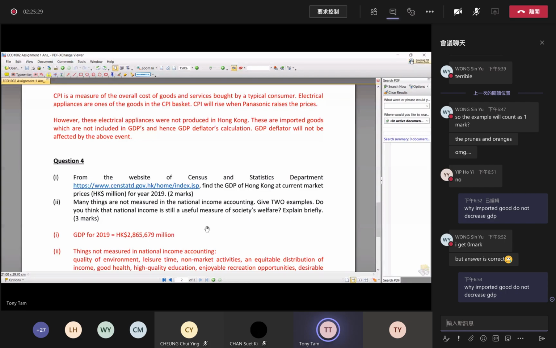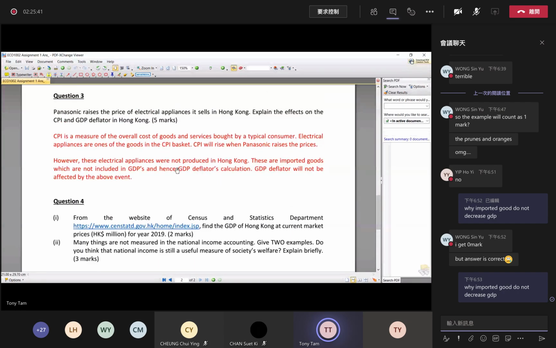Okay? Why do imported goods not decrease the GDP? Okay, you want to ask back question 3. Here. Now you look back, you check it back for topic 1. What's meant by GDP? GDP means C plus I plus G plus NX, X minus M, right?